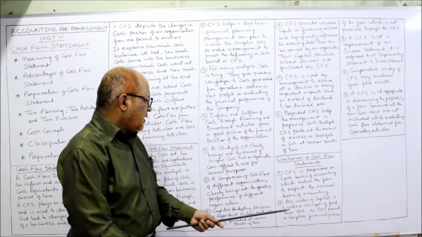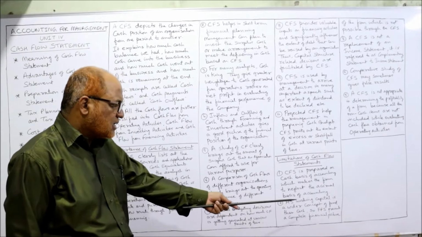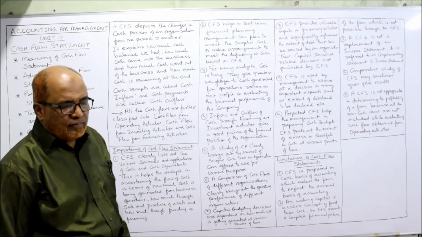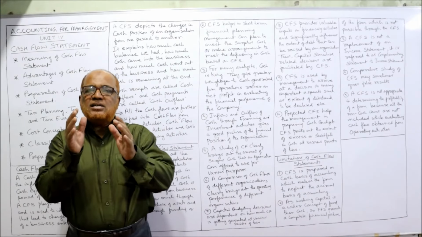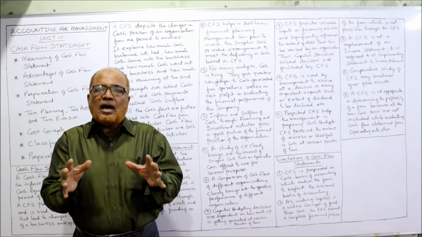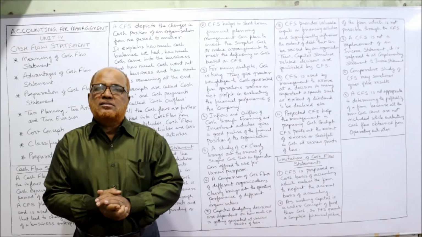Second one, as working capital is a wider concept of fund than cash, funds flow statement presents a complete financial picture of the firm, which is not possible through cash flow statement. See here, cash is only a part of current assets. Working capital considers all the items of current assets.